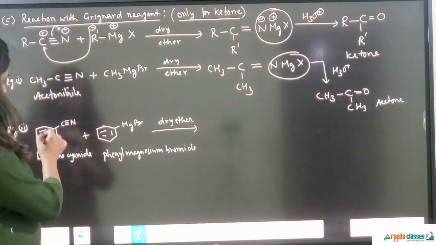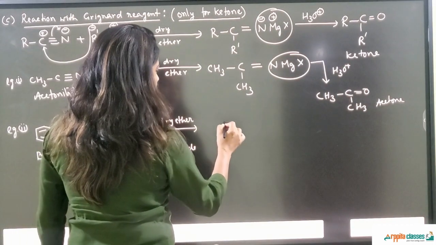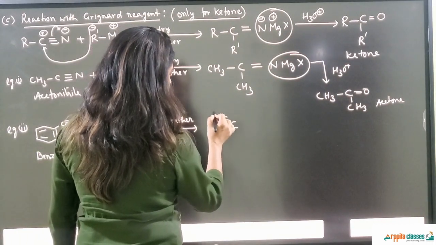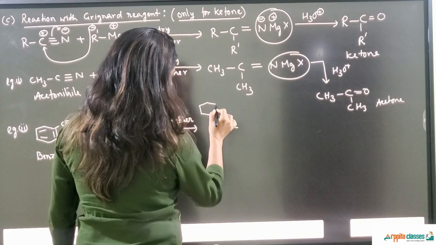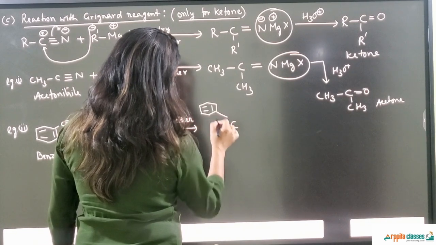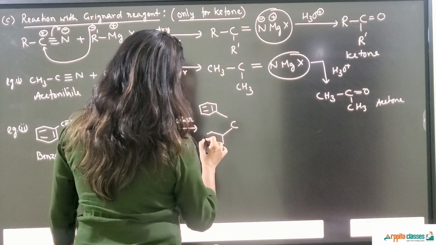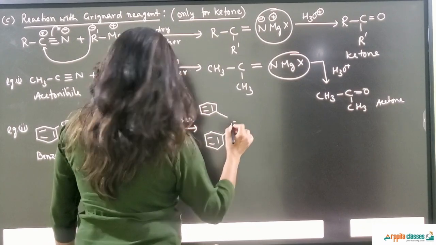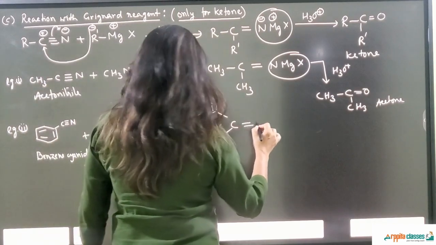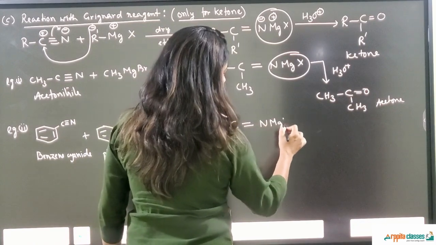So this phenyl group will get attached. So this is C. There is one benzene ring over here. I will draw it like this. Another benzene ring getting attached. Okay, and then this double bond, and this will be NMgBr.